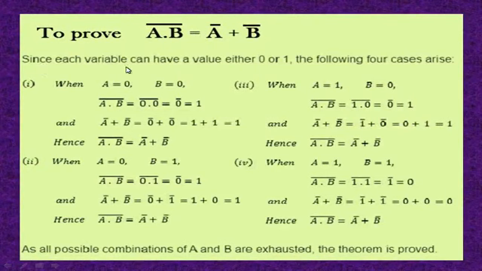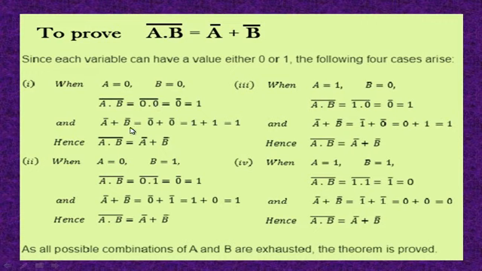For LHS, A dot B means 0 dot 0, and complement of 0 will be 1. Now RHS, complement of A and complement of B, both are 1 and their sum will be 1. In this way, for case 1, A 0, B 0, LHS is equal to RHS.